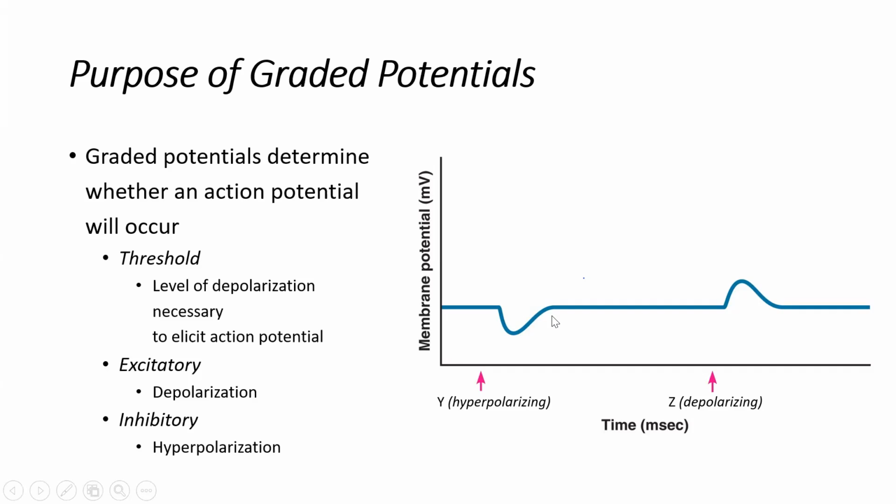So we'll see different types of signals coming in. Signals that make it easier to get to an action potential by achieving that threshold, which are depolarizing events. And we also have signals that make it harder to get to that threshold, which are hyperpolarizing events. So we have different directions of graded potentials.